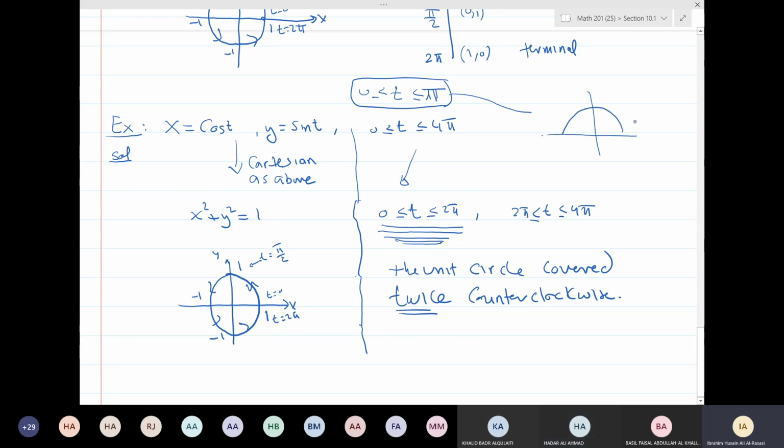This is 0, this is pi over 2, and this is pi. So you are covering just half of the unit circle, the upper part. Notice the interval will vary the general result of the parametric curve. Varying the interval will give you various end results.